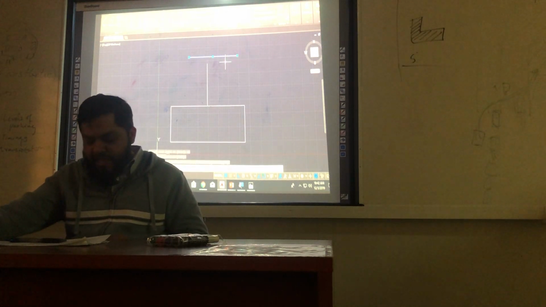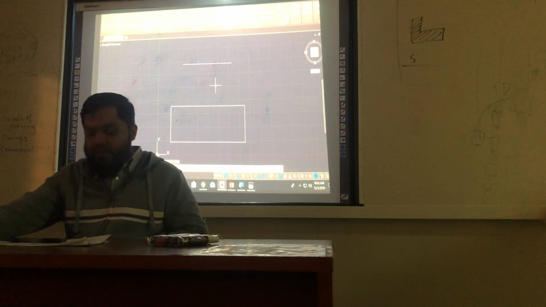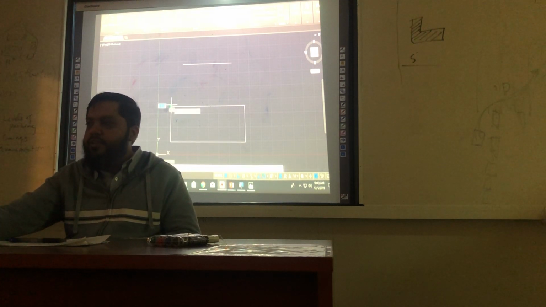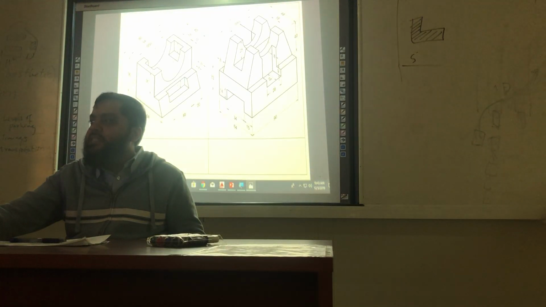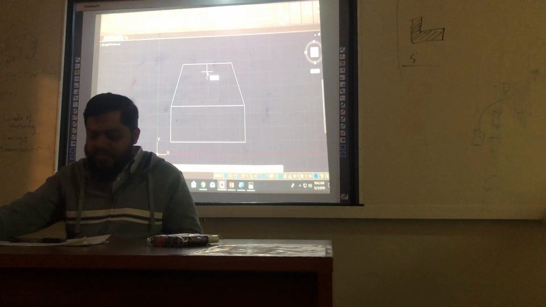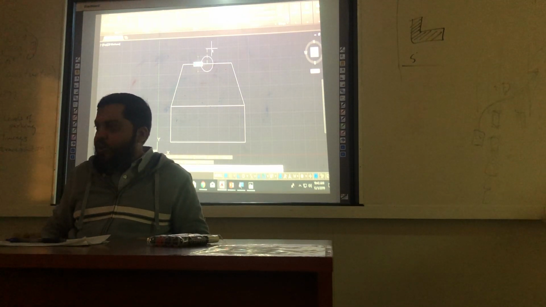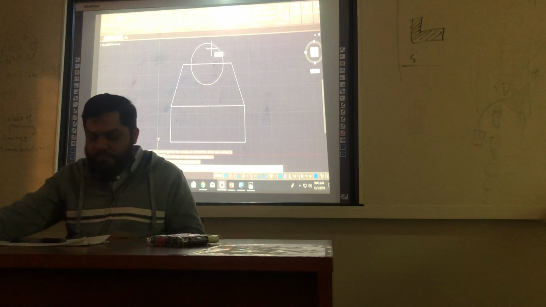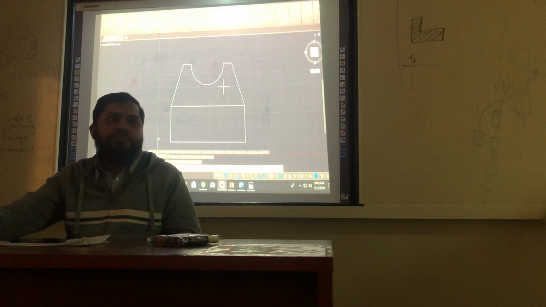I can take this line and move it from the midpoint and put it here. And then I can join from here to here and from here to here, right? And now this circular cut, its dia is 40, right? So I can make a circle here with a dia of 40, and I can trim, right? So I made that shape.